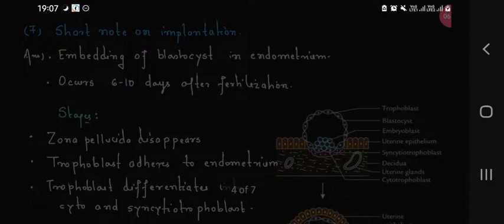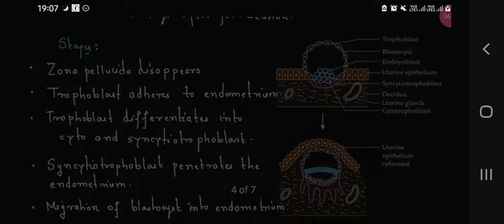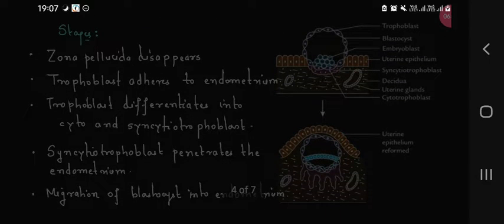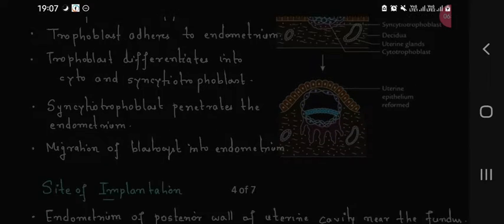Short note on implantation. Embedding of blastocyst in endometrium occurs 6 to 10 days after fertilization. Stages: zona pellucida disappears, trophoblast adheres to endometrium, trophoblast differentiates into cytotrophoblast and syncytiotrophoblast. Syncytiotrophoblast penetrates the endometrium, migration of blastocyst into endometrium.